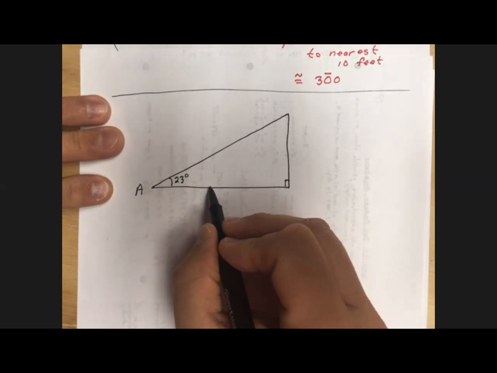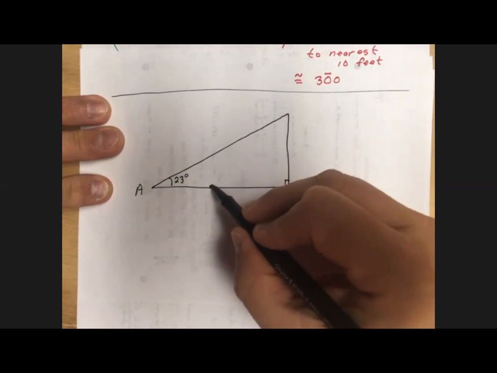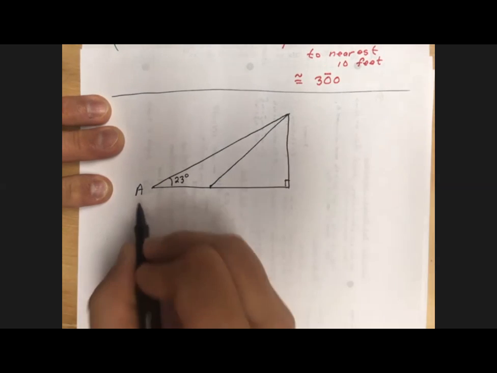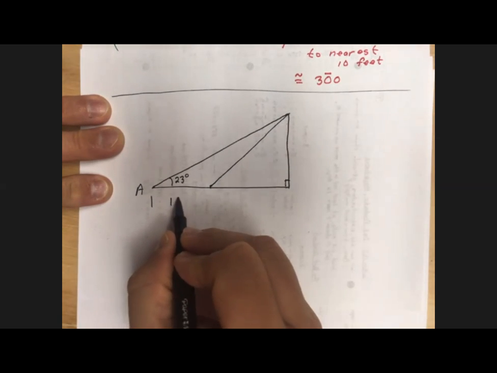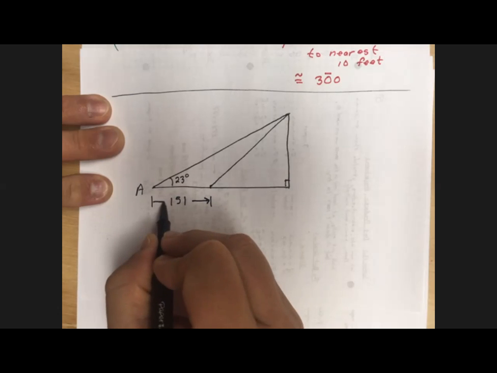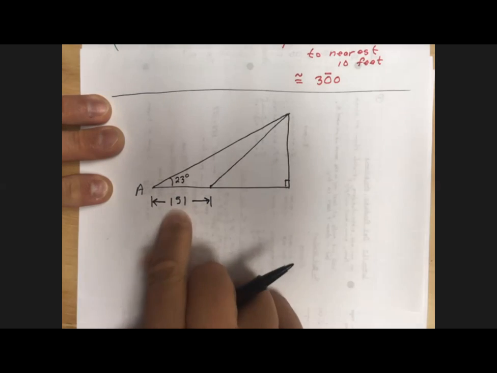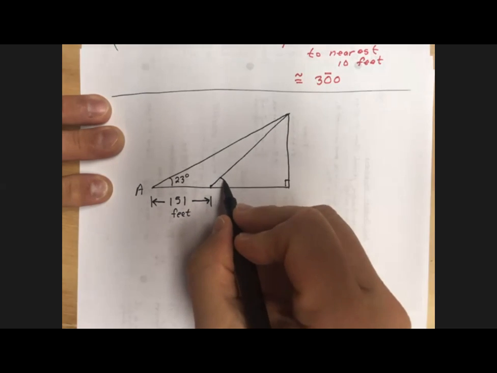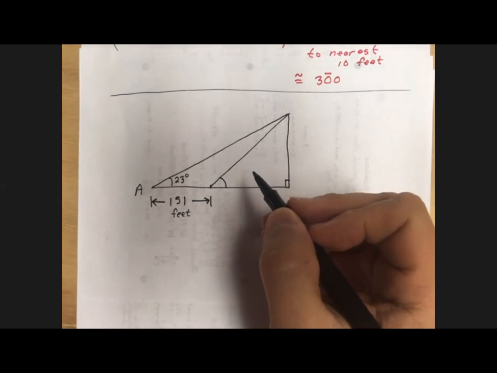And then let's say I can walk 151 feet. That's not a long distance. Let's say I measured that very carefully to the nearest foot, 151 feet. And then I measured this angle. I don't know what to call this angle.